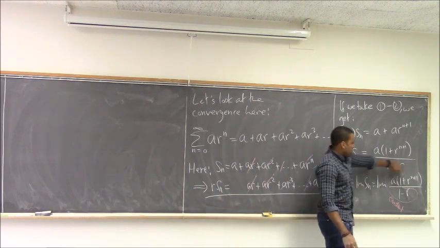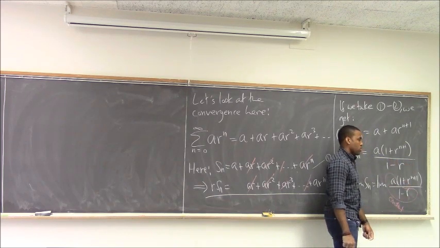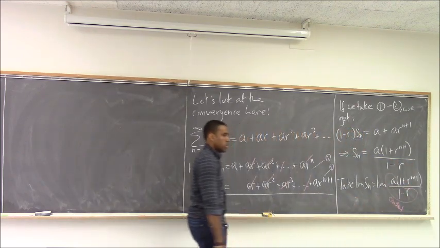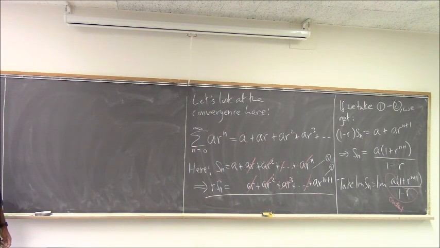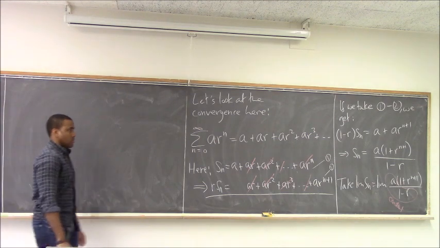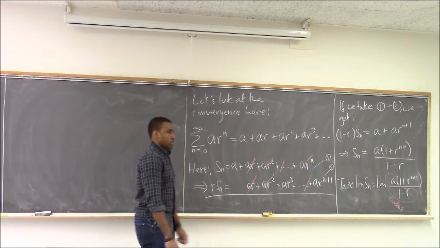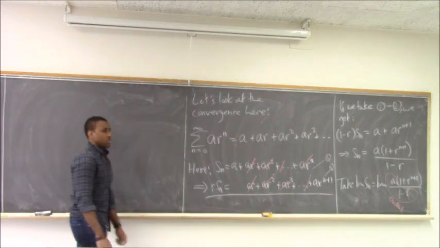If I take a number and I keep raising it to larger and larger powers, what happens? It just gets bigger. Doesn't it go to infinity then? Does it? So these guys always diverge? There are times when it doesn't go to infinity.